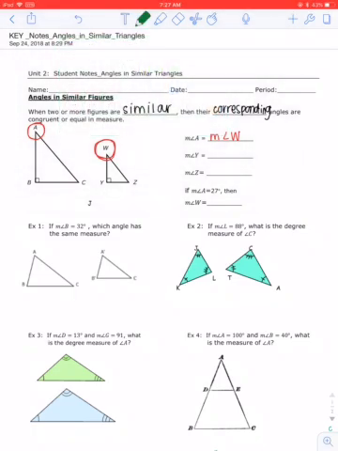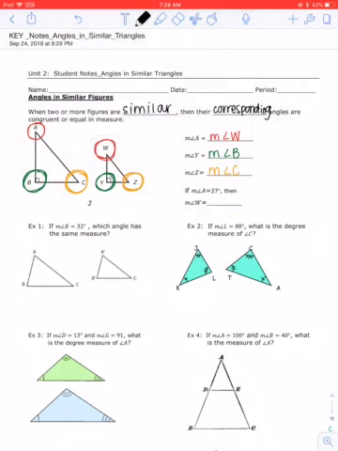So if I'm looking at the measure of angle Y, this one's really easy because it's a right angle. Its corresponding angle would be angle B. So measure of angle Y is equal to measure of angle B. And finally we have angle Z, which corresponds with angle C, so their measures would be equivalent or congruent.